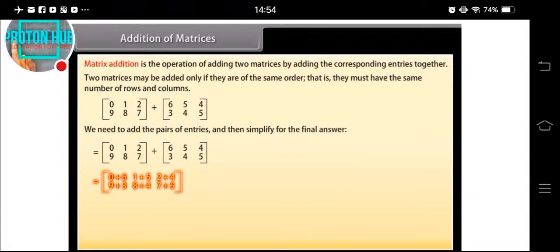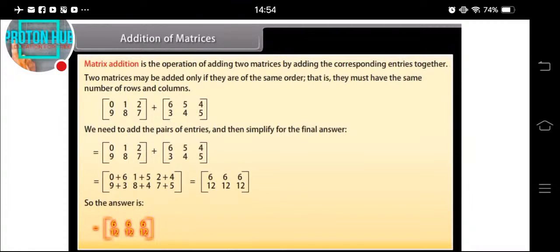Second row 9 plus 3, 8 plus 4, 7 plus 5 is equal to row-wise, first row 6, 6, 6. Second row 12, 12, 12. So the answer is row-wise, first row 6, 6, 6. Second row 12, 12, 12.